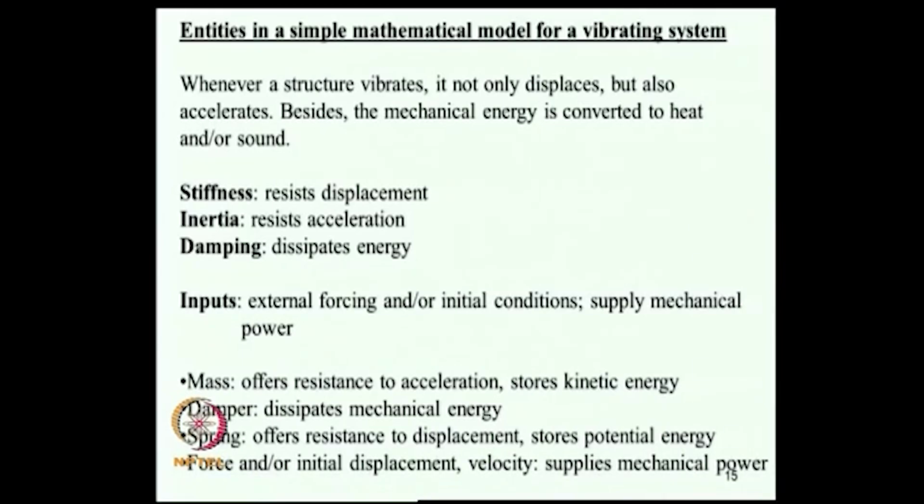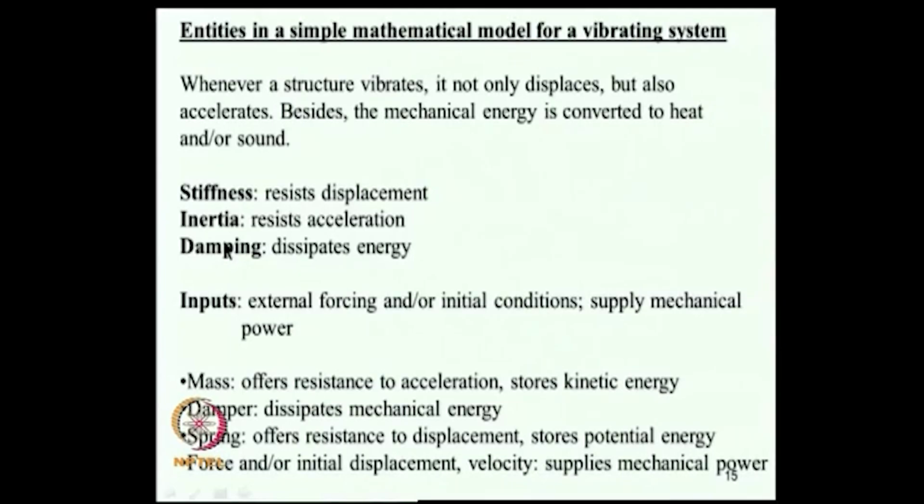Now, what are the entities in the simplest possible mathematical model for a vibrating system? Whenever a structure vibrates, it not only displaces, but also accelerates. Besides, the mechanical energy is converted to heat and or sound. So, the stiffness property of the system resists displacement.